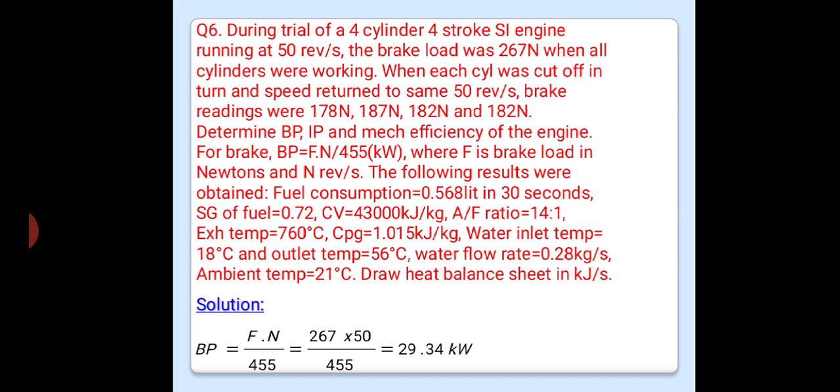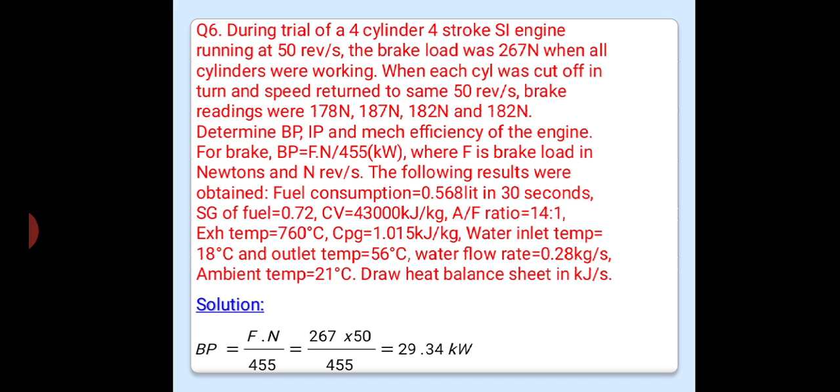When each cylinder was cut off in turn and the speed returned to the same 50 revolutions per second, the brake readings were 178 Newton, 187 Newton, 182 Newton and 182 Newton. Determine the brake power, indicated power and mechanical efficiency of the engine.